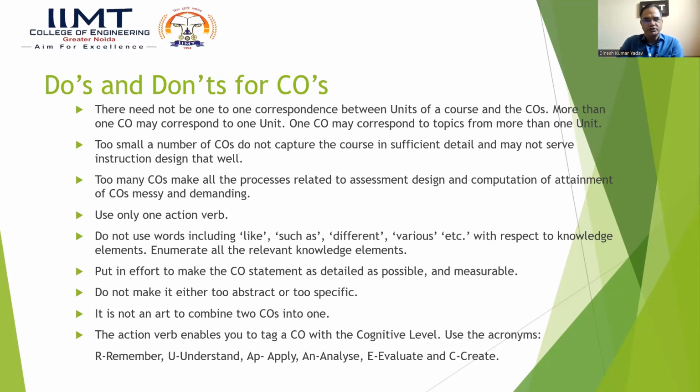So in order to create a specific course outcome statement, you have to avoid words like such as, different, various, etc. Whatever you write in the CO statement must refer to something which can be measured, which is specific. It should not be vague.